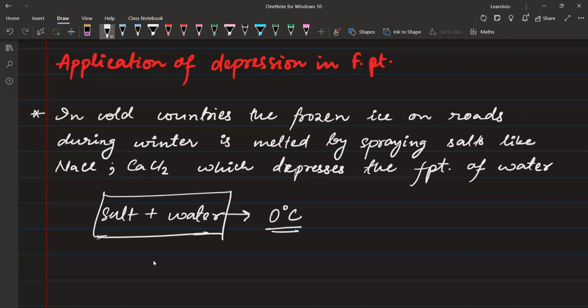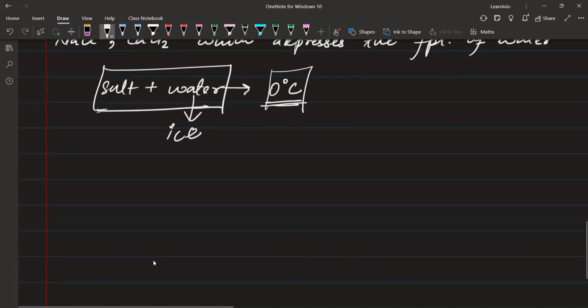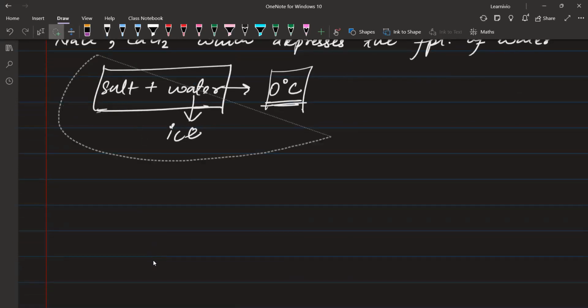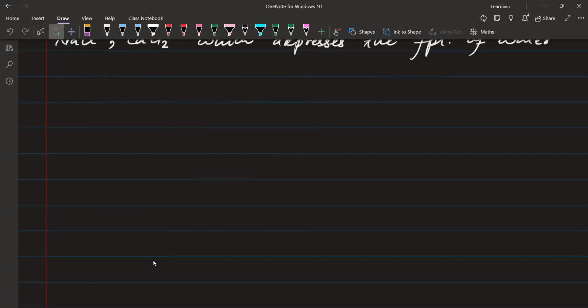So it is in liquid state. Even if your water remains in the form of ice, this salt is going to decrease the freezing point. Make sense? Okay, sir. Right now the temperature is 0 degrees Celsius. So what you are saying is correct if you have frozen it with salt plus water solution. If you have frozen it, then it will freeze at -2 degrees Celsius, and it is going to be at -2 degrees Celsius for a very long time.